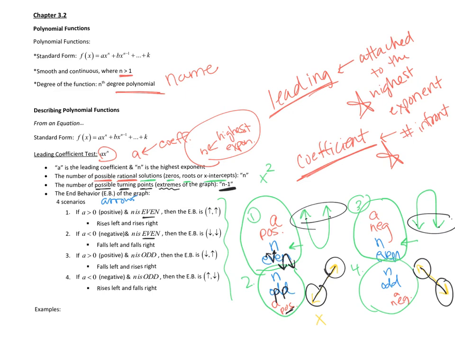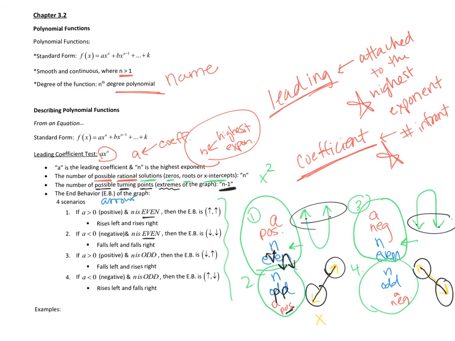So remember, this leading coefficient test: I'm going to look at the highest exponent and the coefficient in front. The highest exponent is going to tell me the degree of that polynomial. It's going to tell me how many possible solutions I might have. And if I subtract 1 from it, it's going to tell me how many possible turns or extremes I would have.